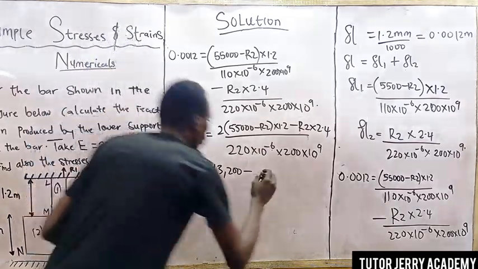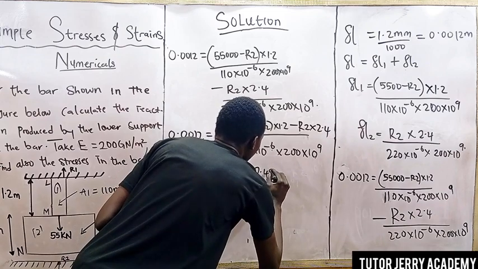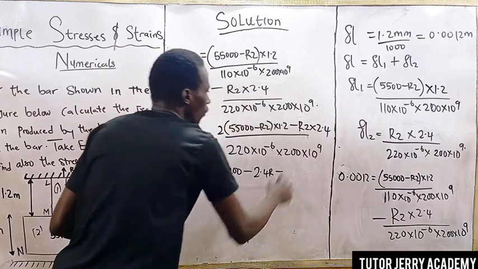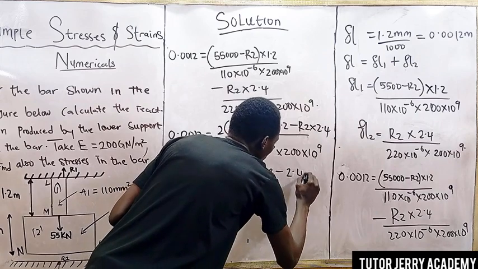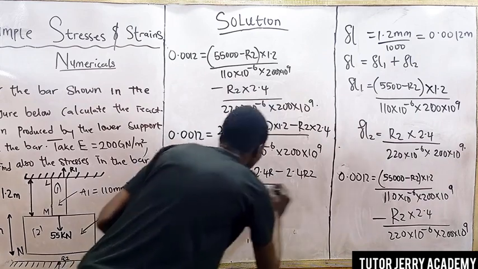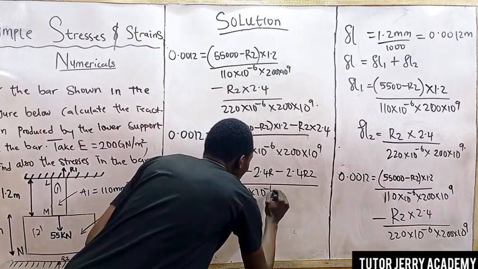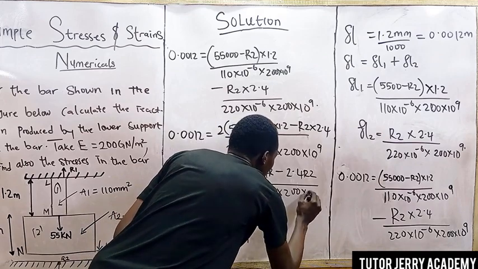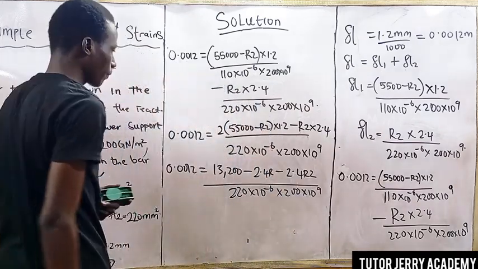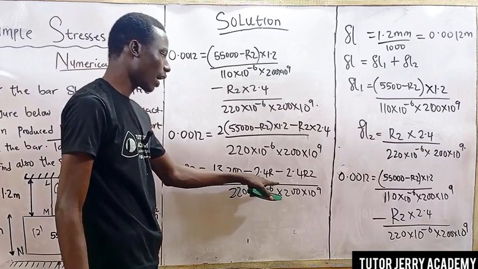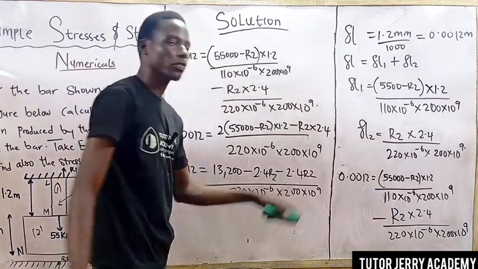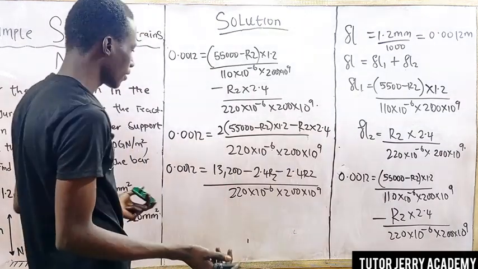I will have 2.4 minus 2.4 multiplied by 2 all over my denominator, which is 10 to the power of minus 6 times 10 to the power of 9. What do I do next? Minus 2.4 R2 minus 2.4 R2 is equal to minus 4.8 R2.